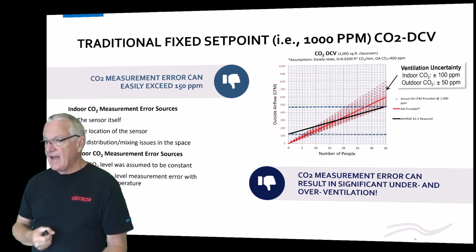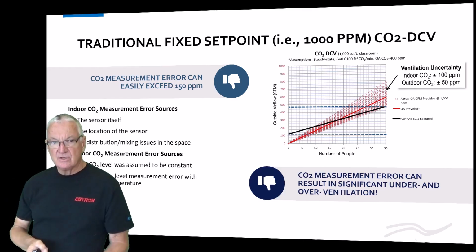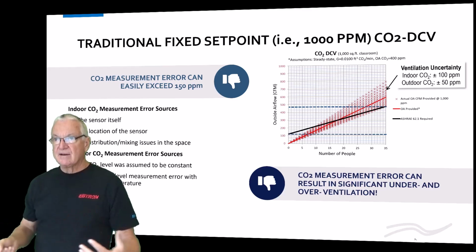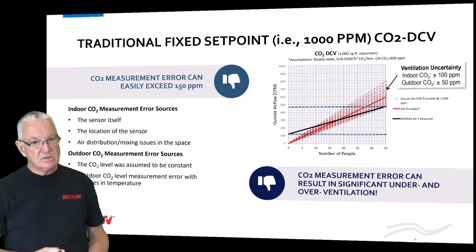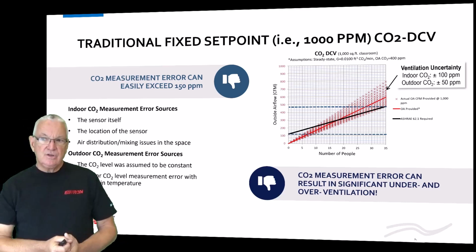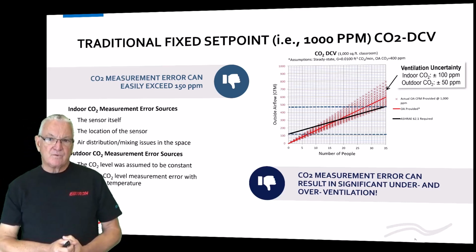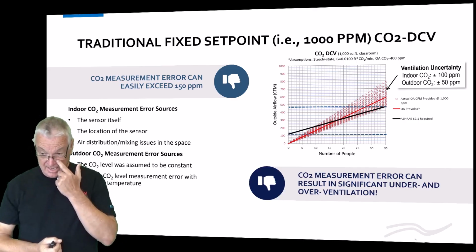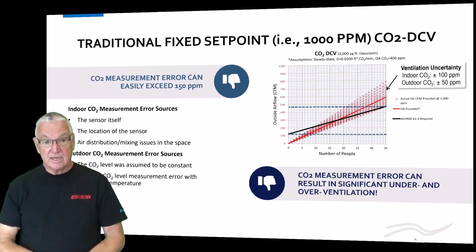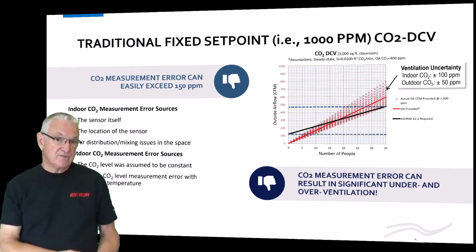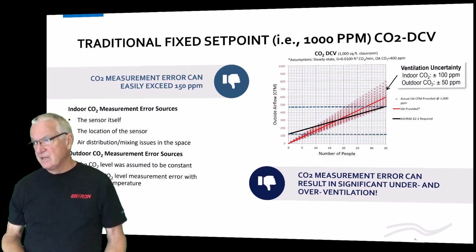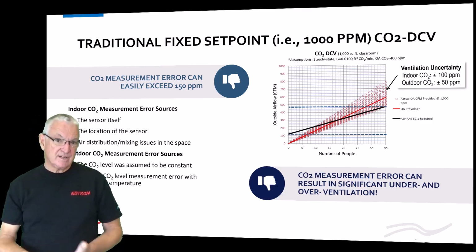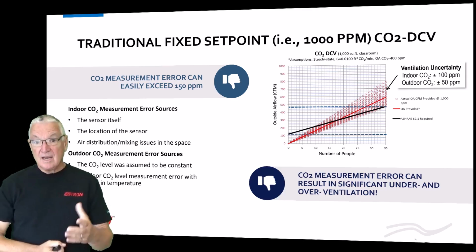Because you're really trying to get the average breathing zone CO2 level, and that's affected by how the air is mixed in the space. And then on the outdoor side, unless you're using a really high performance and relatively expensive CO2 sensor outside, you're really not getting an accurate measurement. So most people assume it's 400 parts per million. Some people measure it, but they measure it with sensors that really don't do a good job if the temperature is much different than room temperature. So we need to take a look at that.